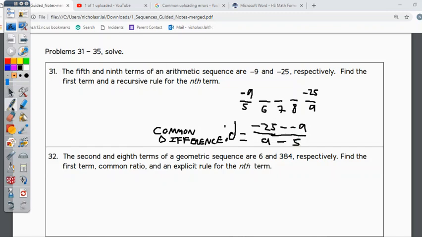So I'm finding the average rate of change in between -25 and -9 and 9 and 5. So this is going to be -25 minus -9. It's the same thing as +9. That's going to be equal to -16 over 9 minus 5 is 4, which is going to simplify to -4. So D equals -4.